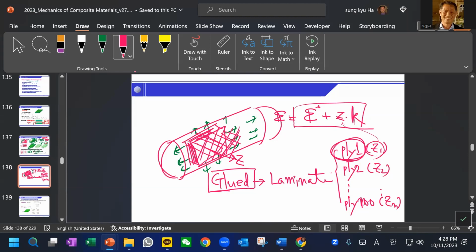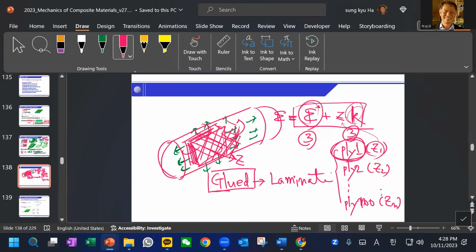Okay, this is the strain. So all you need to know is how much this glued laminate deforms, and then how much bending. Bending means this curvature or that curvature. Again, no matter how many plies we have, we have 3 in-plane strains and 3 curvatures.